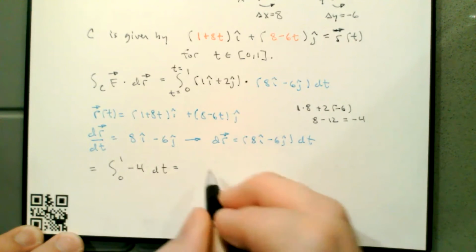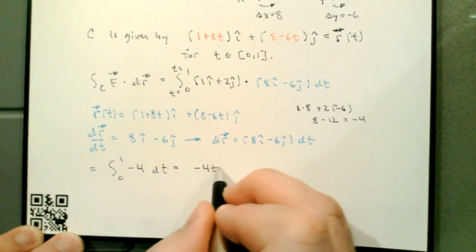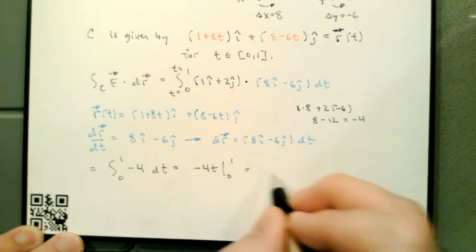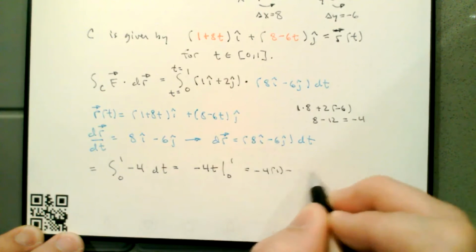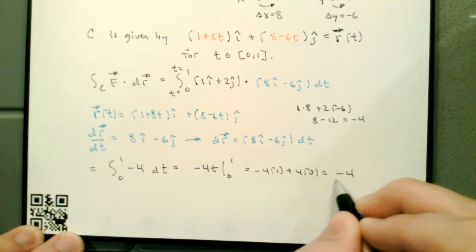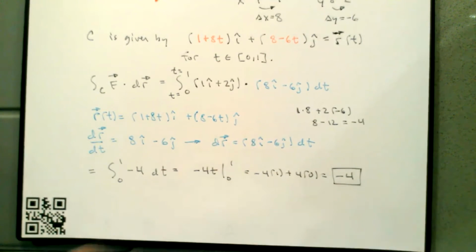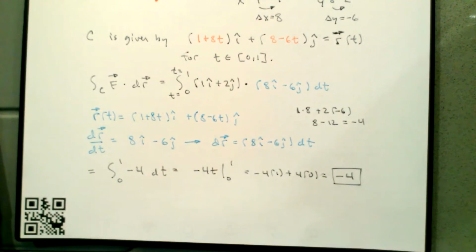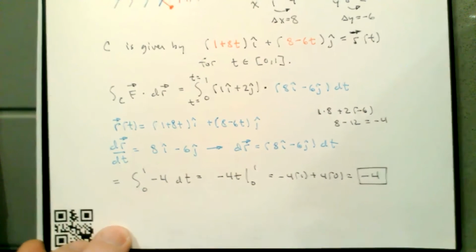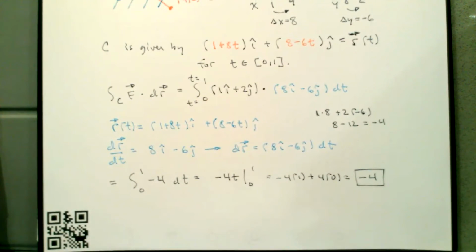So the integral of -4 with respect to t is -4t, evaluated from 0 to 1. So we get a value of -4.